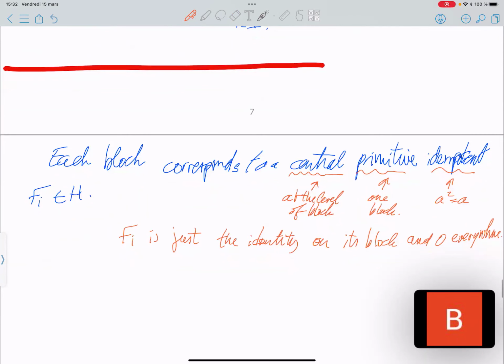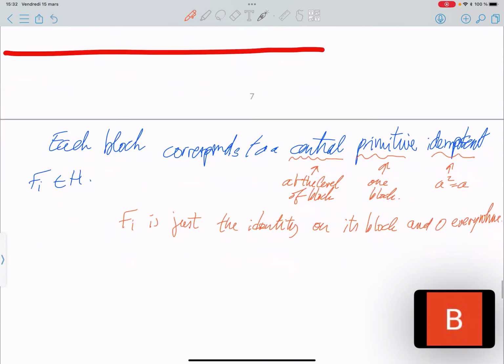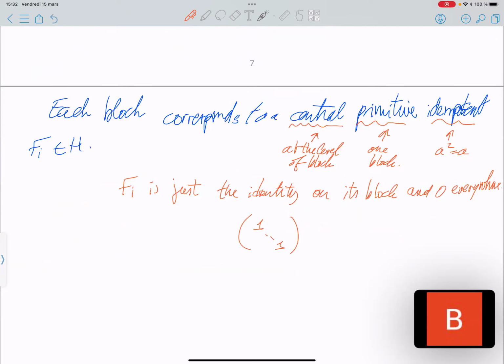So something like that. 1 and then 0. Okay.